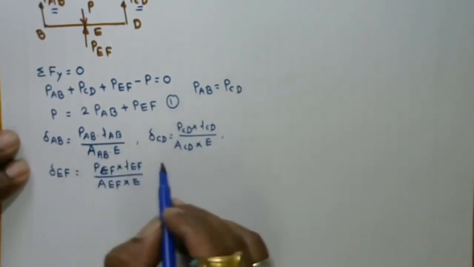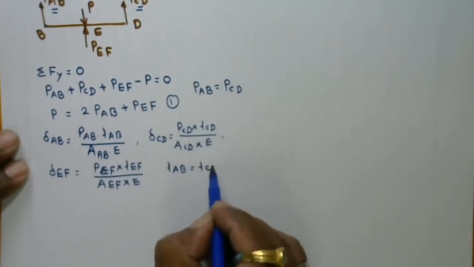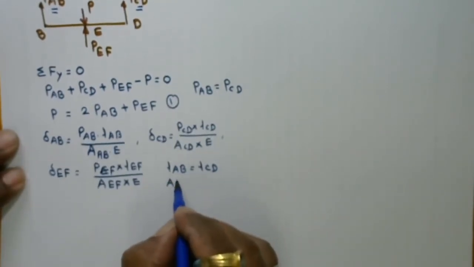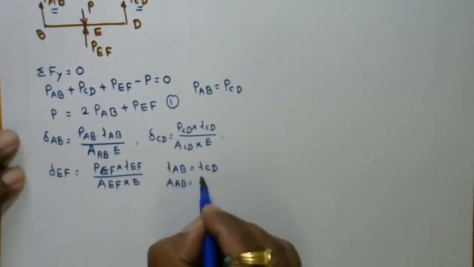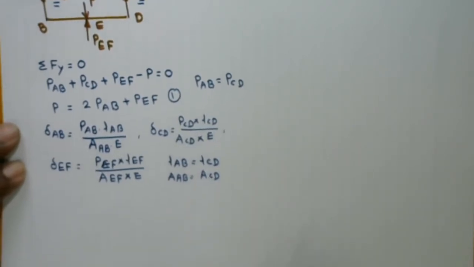Here length LAB is equal to LCD, it is already given. Area AAB is equal to area ACD, it is also given.